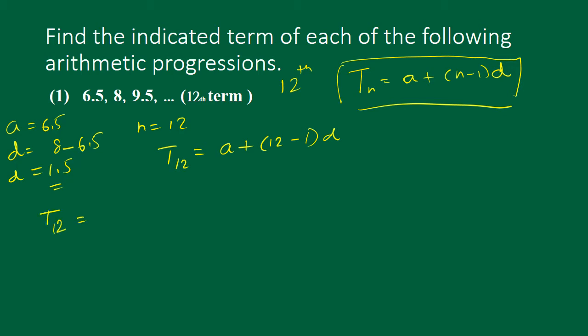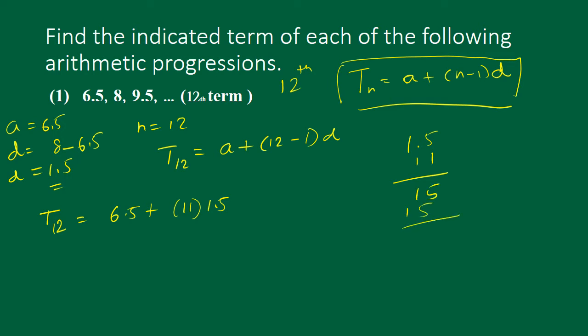T12 is 6.5 plus 11 into 1.5. So you have to do the subtractions, and simplifications also here. So just do this, and do it in the answer paper also. You can say 1.5 into 11, you just write 1 1 5 and 1 5, right?